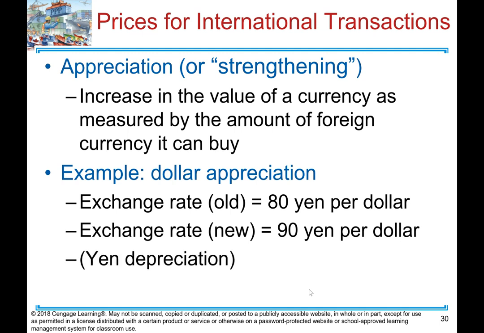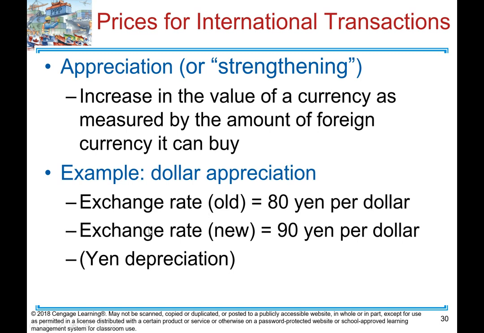Prices of international transactions. What does appreciation or strengthening of a currency mean? An increase in the value of a currency as measured by the amount of foreign currency it can buy. For example, when we say there's dollar appreciation, if you go to Japan and you exchange $1, you get 80 yen per dollar.